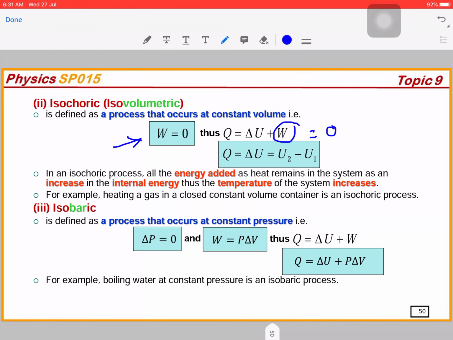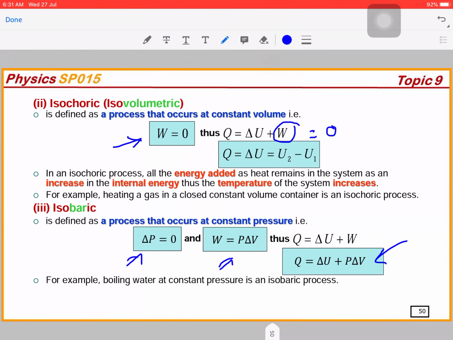So what happens is delta P equals 0 and W is equal to P delta V. So our equation Q is equal to delta U plus W will become Q is equal to delta U plus P delta V. Okay. For example, boiling water at constant pressure is an isobaric process.